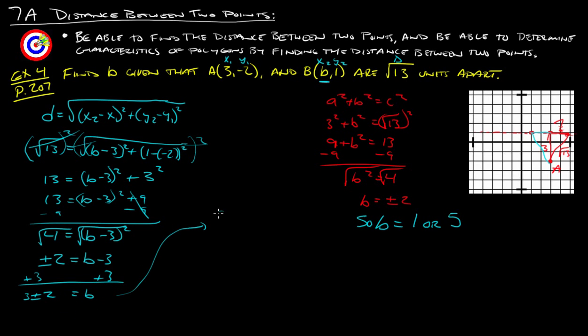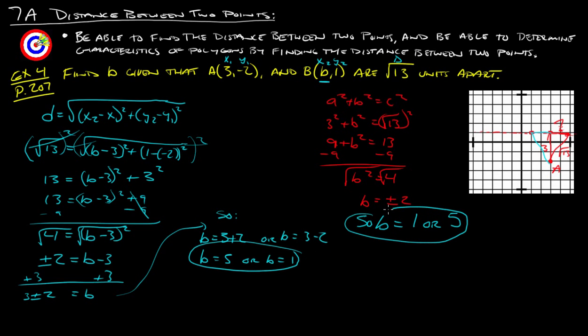So let's work over here where there's some more room. b can equal 3 plus 2, or b can equal 3 minus 2. So b equals 5, or b equals 1. The exact same thing that we got over here.